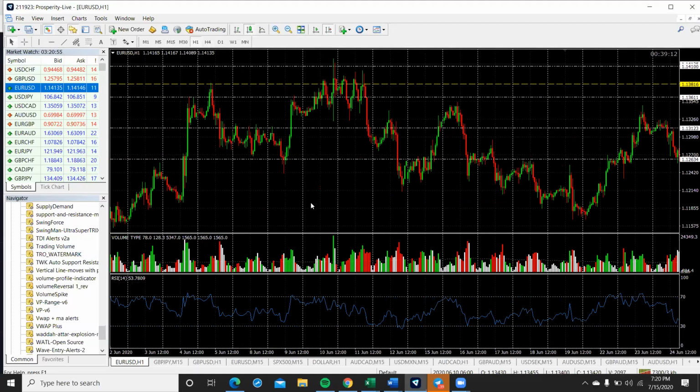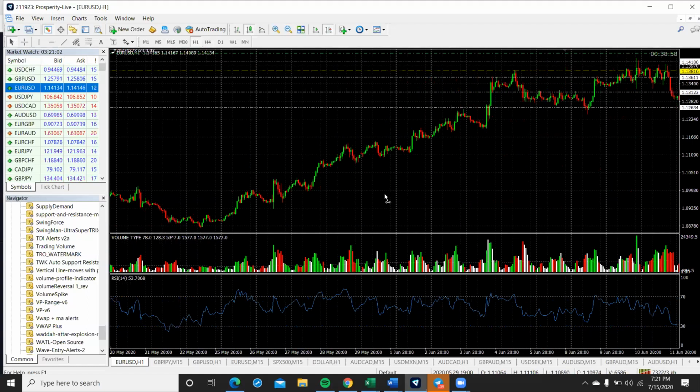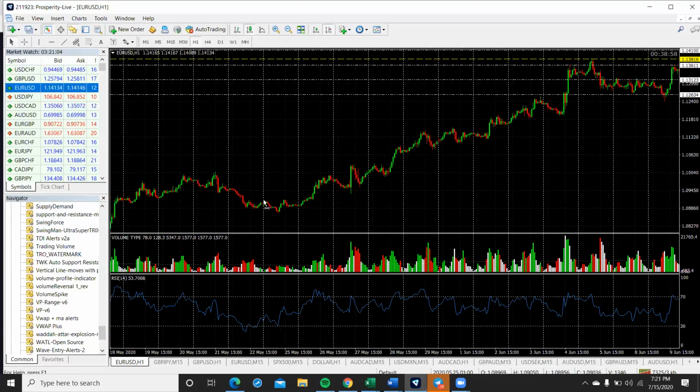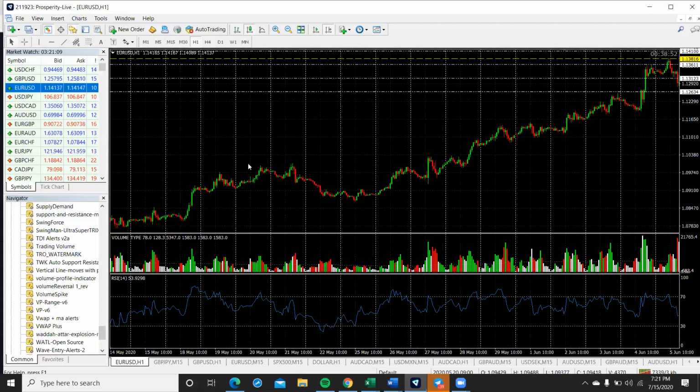So as you can see, you won't get signals every day, but it does give you a rule-based ideology of how you can enter the market. High probability, pretty safe entries.